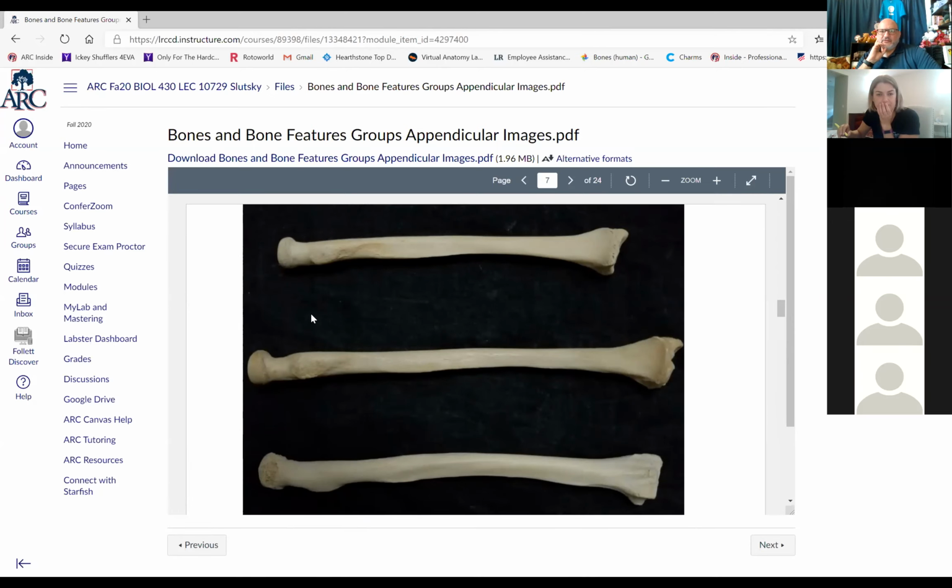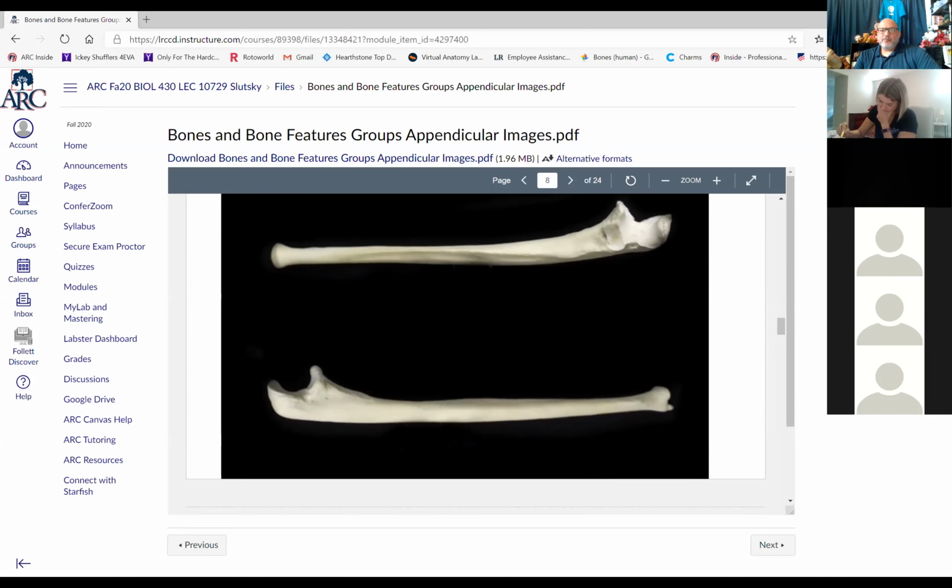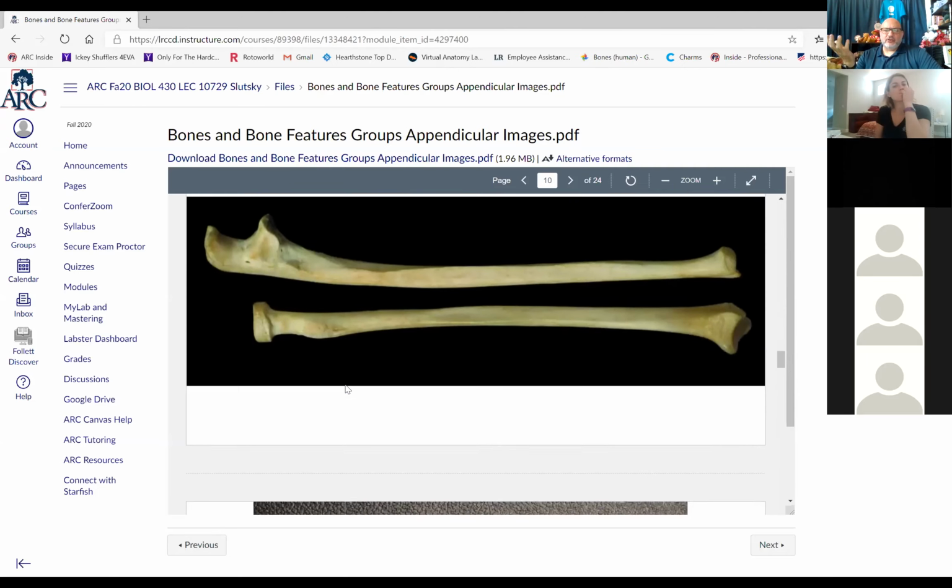Absolutely. This is proximal and that is distal. Because of the capitulum, or because of the head of the ulna or humerus or femur, we can recognize that this is proximal. But what you have to realize is every bone is different. One of your responsibilities on this test is to learn the bones and bone features of every single bone.